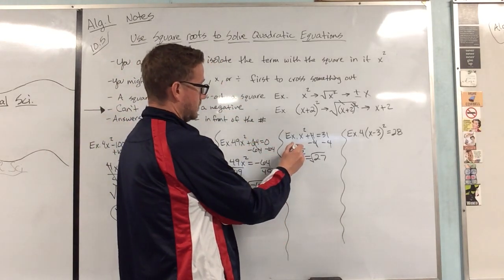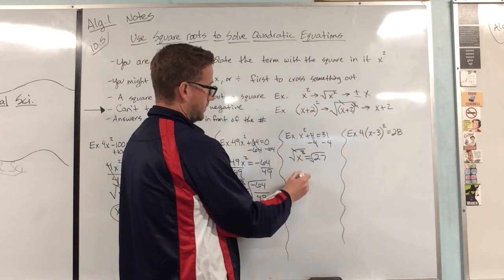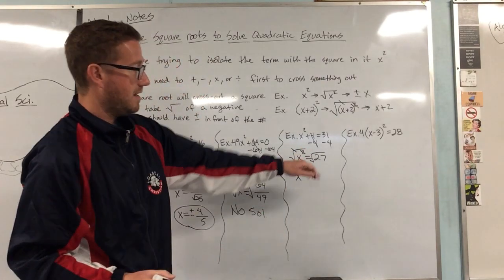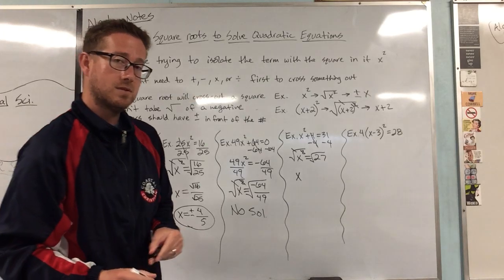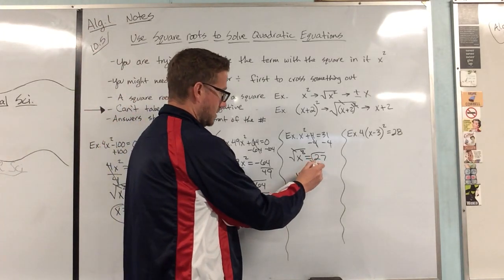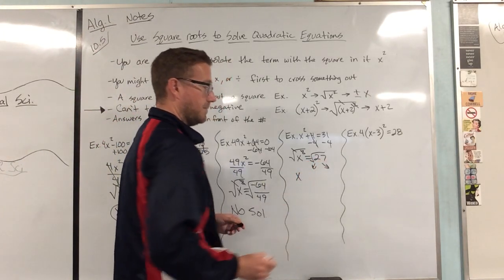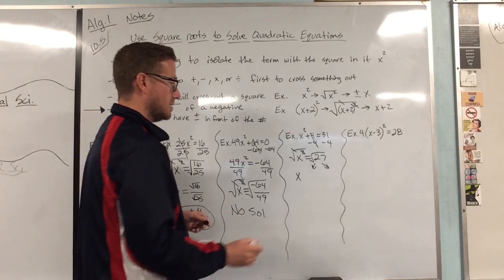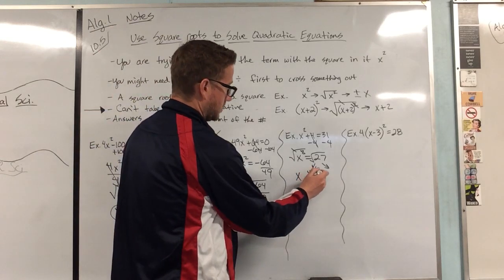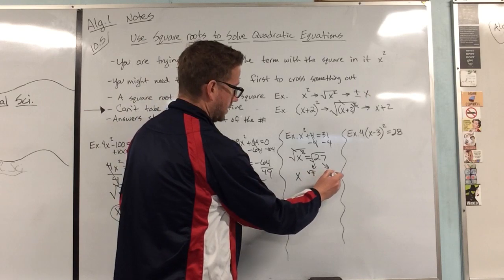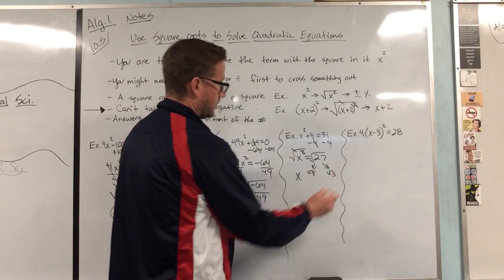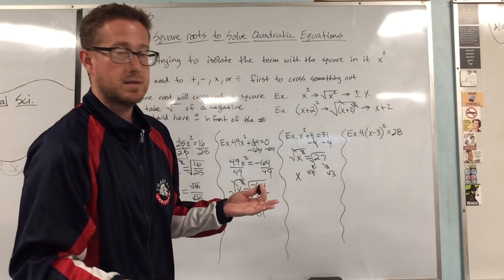So let's review that. Cross those out, so the x is now by itself. 27, even though it doesn't work out nicely, we can use that little factor tree method that we learned in the past, and you're going to get square root 9 and square root 3. 9 times 3 is 27.